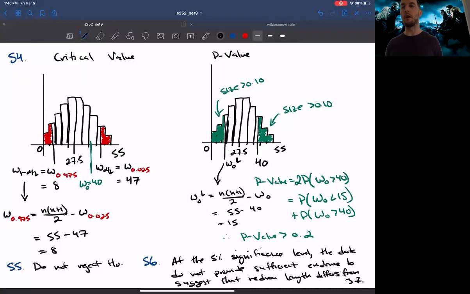Sorry, a little cramped at the bottom there, but that's the standard conclusion based off of our decision about the null.